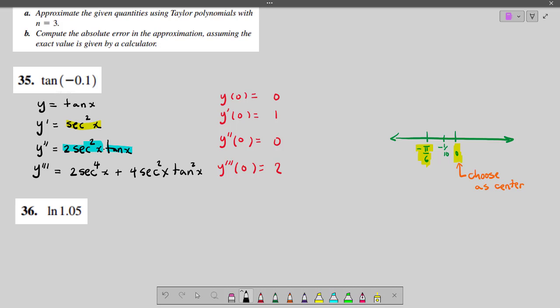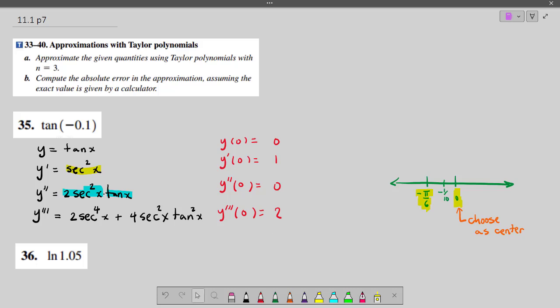Now we can build our Taylor polynomial. They're asking for the third order, so we're going to label it p sub 3 of x. So we start with the constant of 0, and I'll just put it in so we can see the pattern.